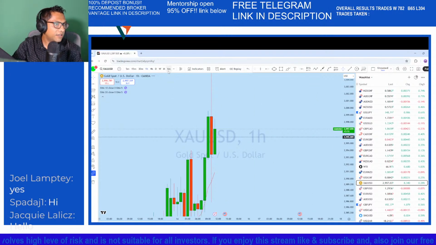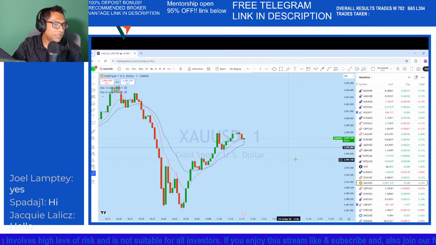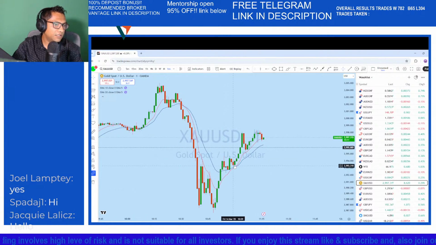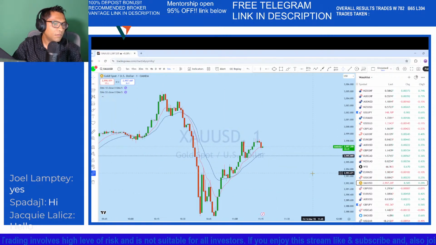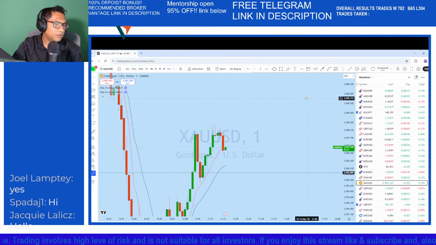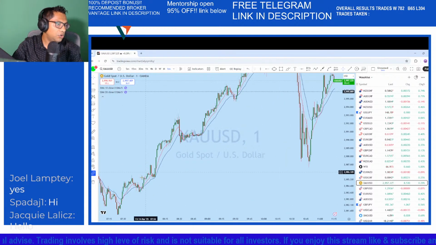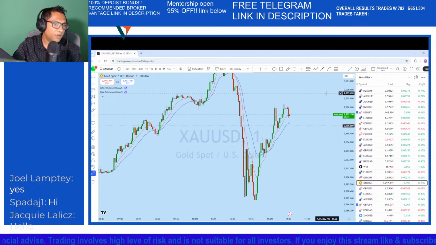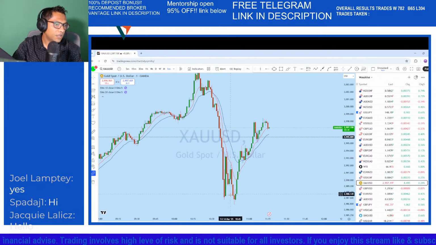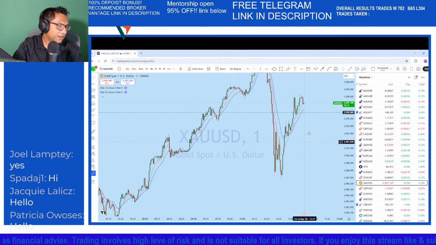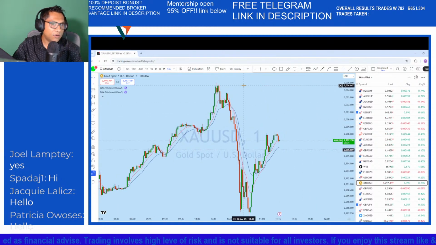If you look at the lower time frame here, we can see that there is a bounce. There was a huge bullish trend, followed by a break of structure. This is a reaction from the psychological level.